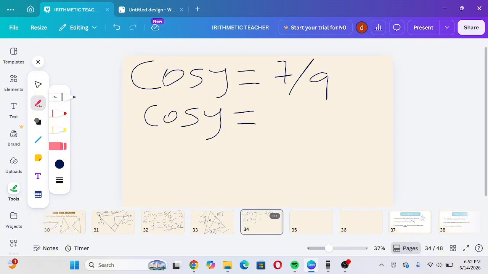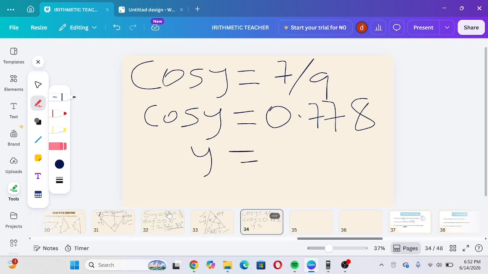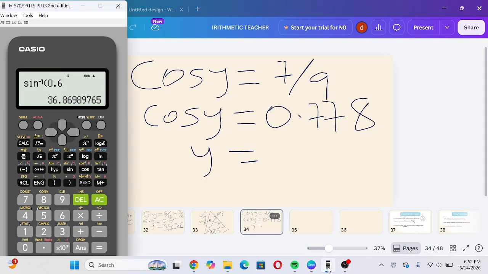So when you divide that, I approximated it to 3 decimal places. You have 0.778. Then to get your y, you come back to your calculator. You press your shift because you are looking for the angle.